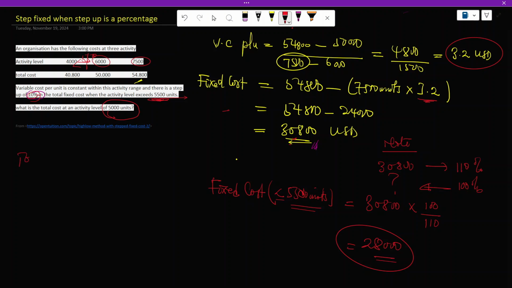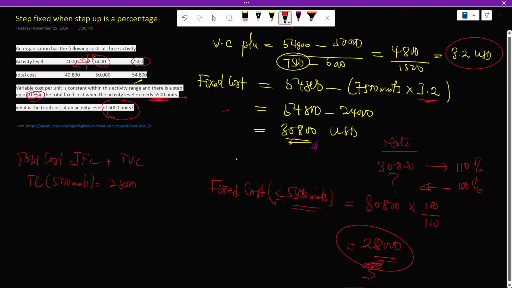So we can find the total cost. Total cost is your total fixed cost plus your total variable cost. Therefore, your total cost at 5,000 units should be your 28,000 here plus your 3.2 times 5,000.